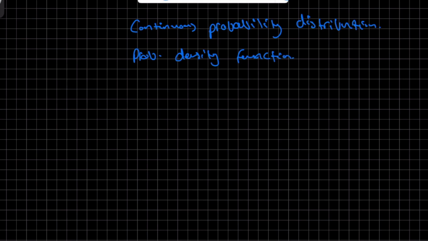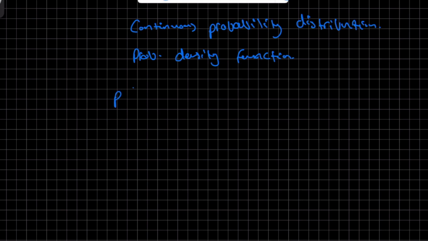Now, up until now, we've just been dealing with discrete random variables. Let's move on to what we do for continuous random variables. So for continuous random variables, we would obviously need a continuous probability distribution. Our probability density function here would then describe the probability of a continuous random variable falling within a particular interval.